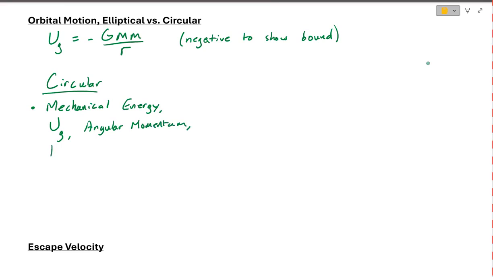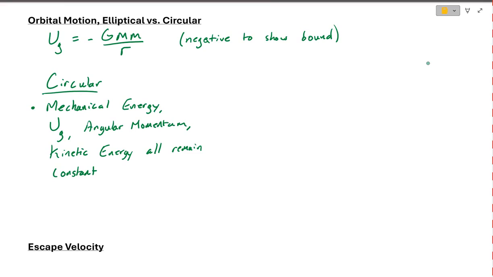Constant speed also means kinetic energy would stay the same. All remain constant. When we are in this nice fixed circular orbit, everything stays the same because I'm always the same distance away from the gravitational source that's causing the orbit.